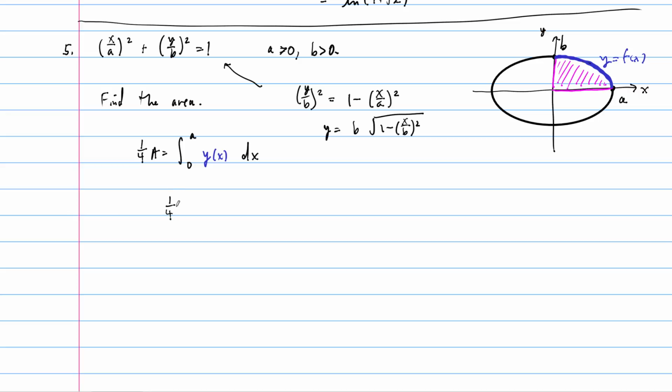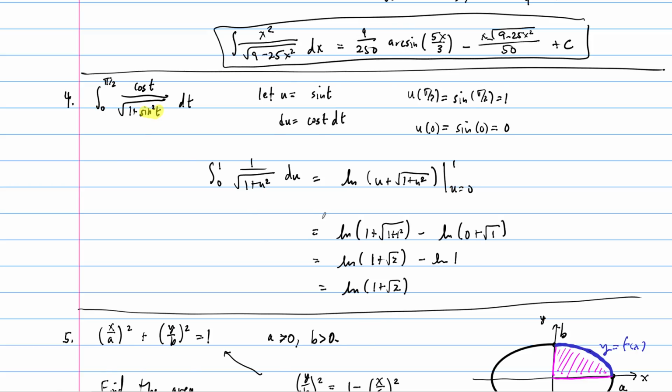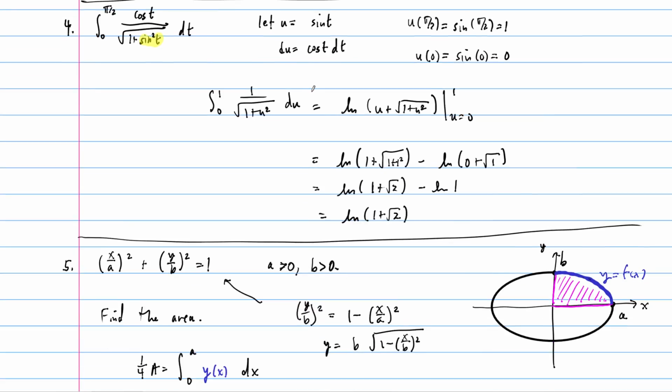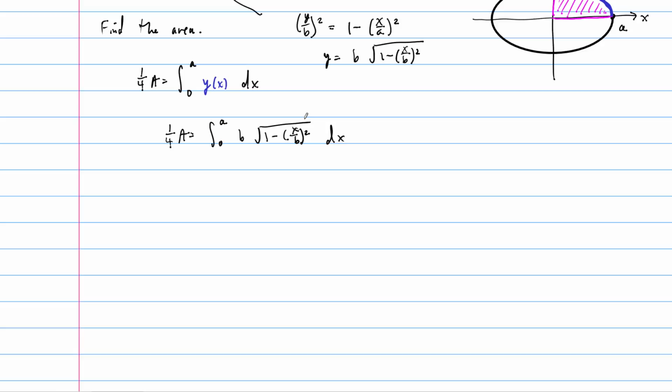So 1/4 of our area, again, is equal to the integral from 0 to a of this integrand, b times the square root of 1 minus (x over b) squared dx. This is very similar to what we integrated up here, but let's do it again, just for the practice. All right, so we need to make our substitution. The b can come out, by the way.